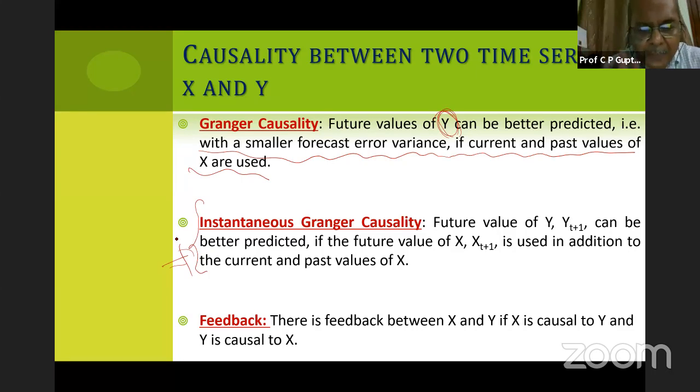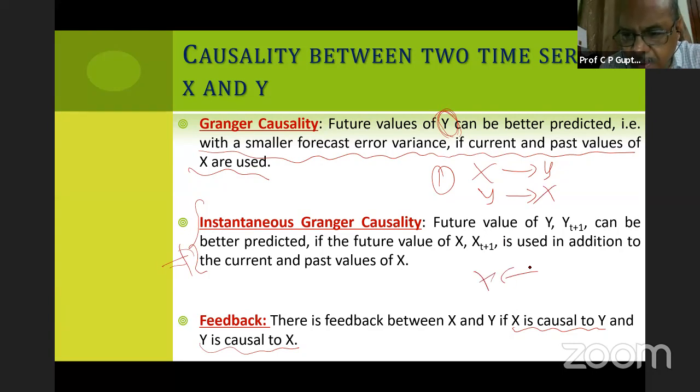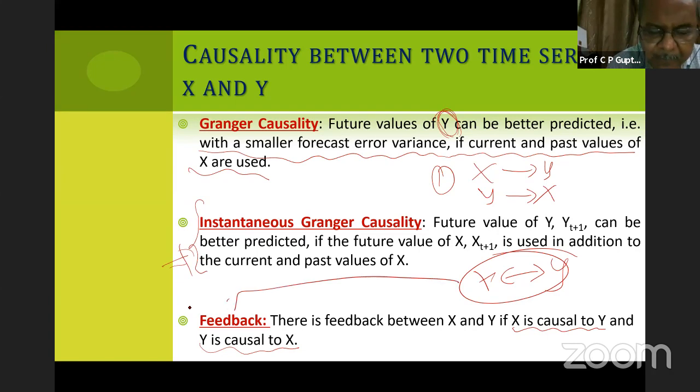There is a feedback between X and Y if X is causal to Y and Y is causal to X. So friends, you can have X causing Y causing X, and if both are causing each other, then you have what is called feedback. Okay.